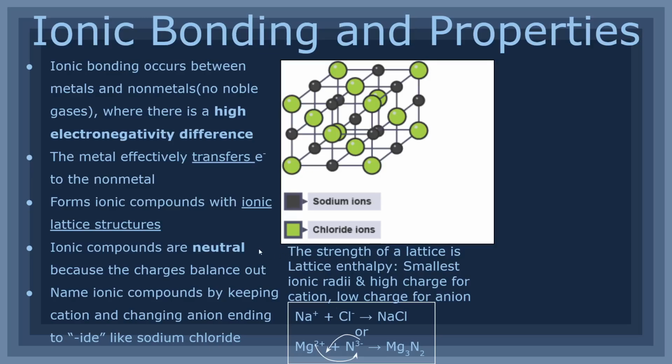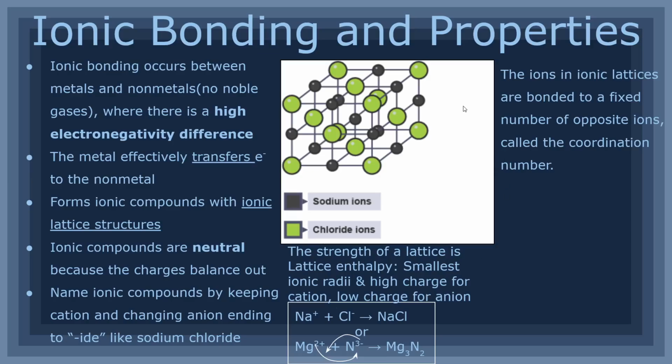High charge means that it's going to have a lot more protons per electrons, and low charge means it's going to be highly electronegative and has a higher protons to electron charge ratio.